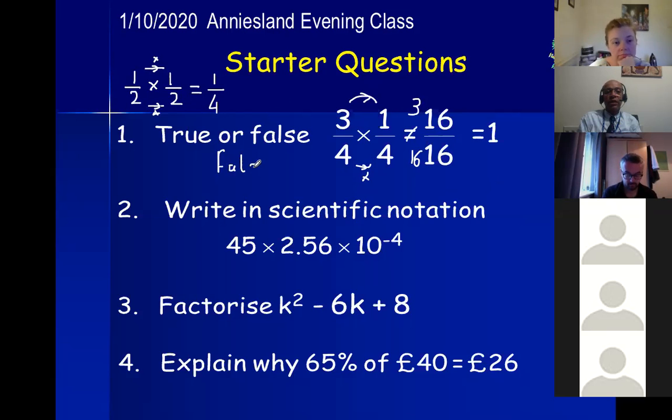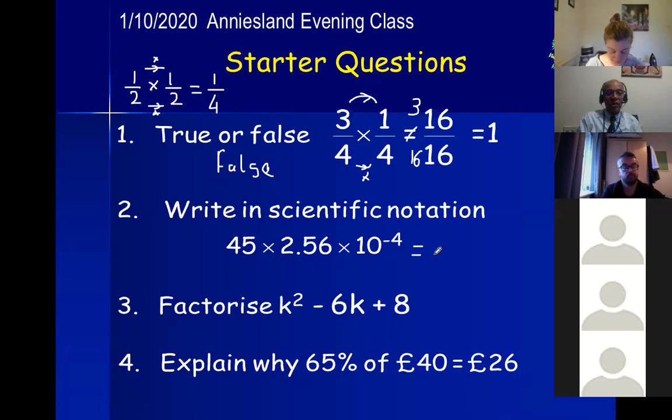And once again, if you just remember what is a half of a half times a half, it's just a quarter, and you can quickly figure that out that way. Okay? So the next one, this asks you to use your calculator, because you're not expected to do 45 times 2.56.